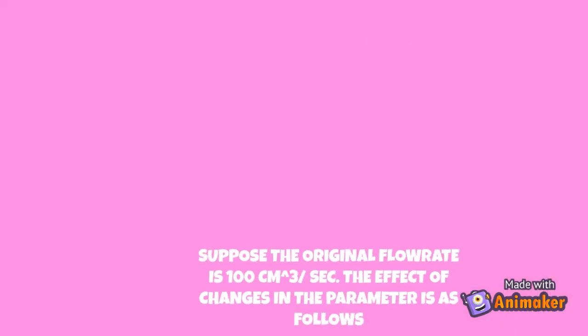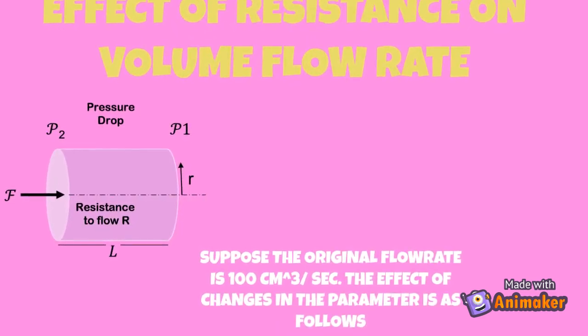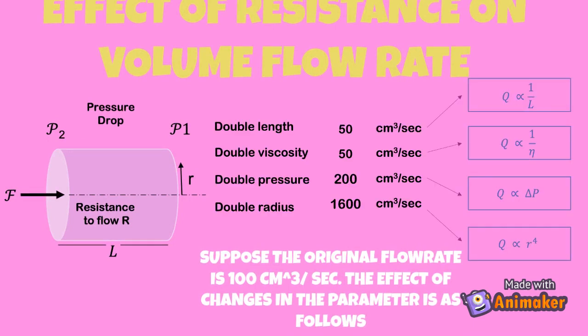For the resistance on volume flow rate, suppose that the flow rate is 100 cubic centimeters per second. Let's try to determine how changing the values of the variables in the flow rate expression affects it. If we double the length and viscosity, the flow rate will decrease because it's an inversely proportional relationship.